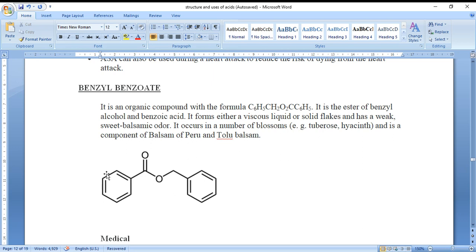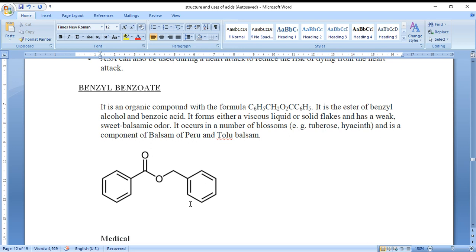So what is the molecular formula? This is a C6H5 and this is COOCH2, otherwise you can write it like this: C6H5, CH2OOC, C6H5, two O's and C, and another one is C6H5. It is the ester of benzyl alcohol and benzoic acid.